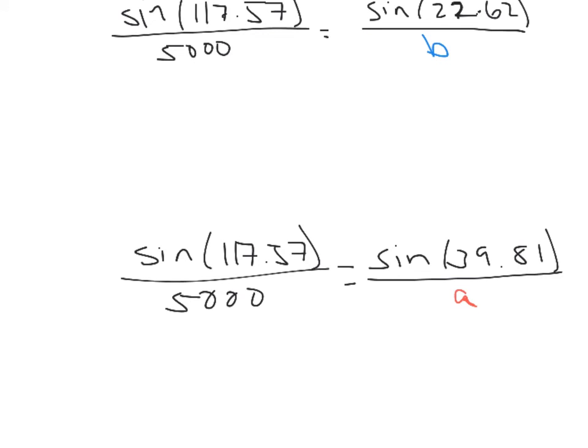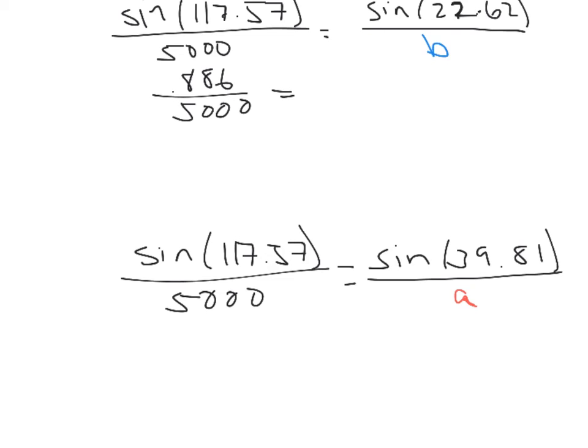So to solve for my magnitude of B, I can simply take the sine of 117.57, which is 0.886, divided by 5,000 equals the sine of 22.62.